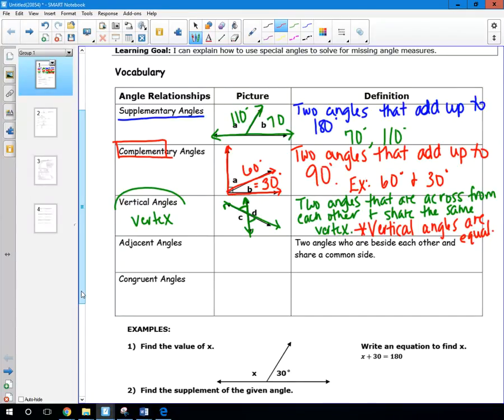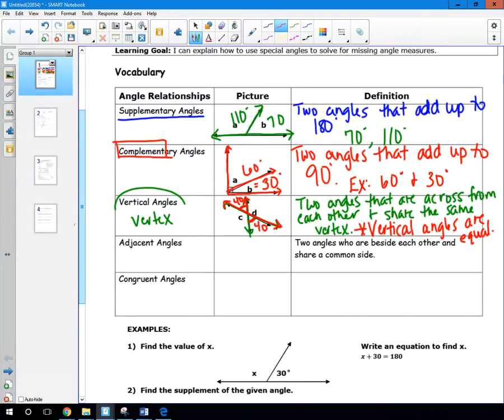Okay, so if I were to tell you that this little angle up here was 40, then what do you know this angle across from it is? That's also 40. Okay, if we went a step further, you see that straight line there?